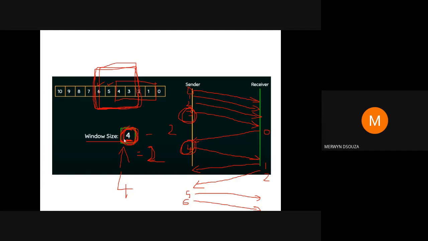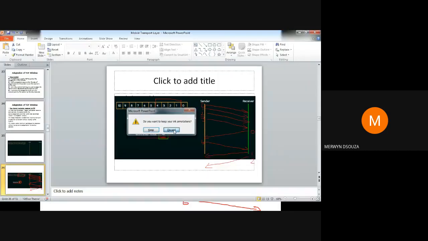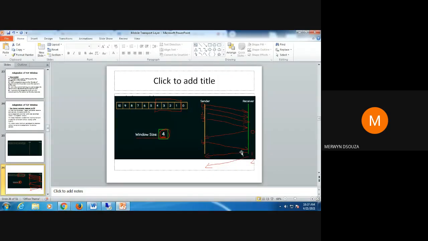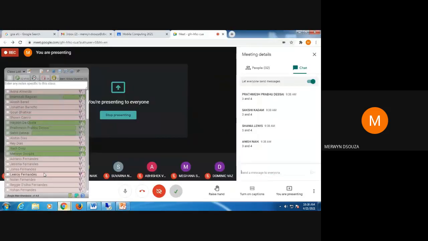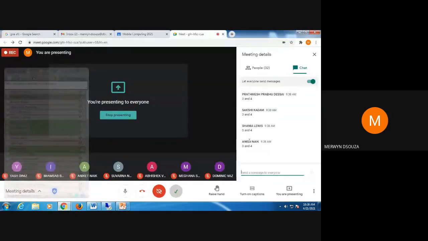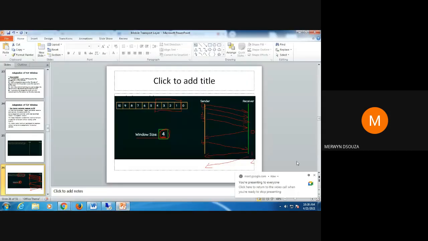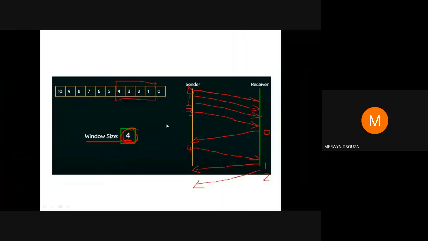Now, next, say the receiver sends the acknowledgement 3, 4, 5, 6. Then according to this diagram, which packets can the sender send?